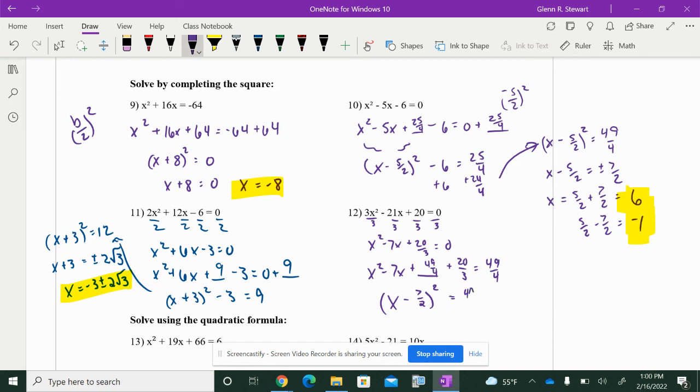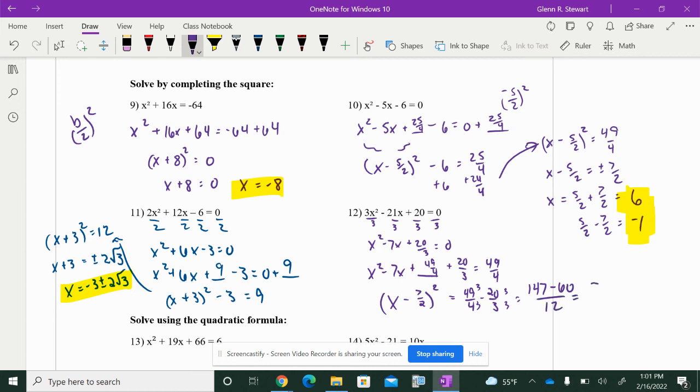equal to 49 over 4 minus 20 over 3. Those do not have a common denominator, so I do have to make one. I'll have to multiply 49 by 3 and 20 by 4, and I should end up with, excuse me for a second, I should end up with 147 minus 80 all over 12.